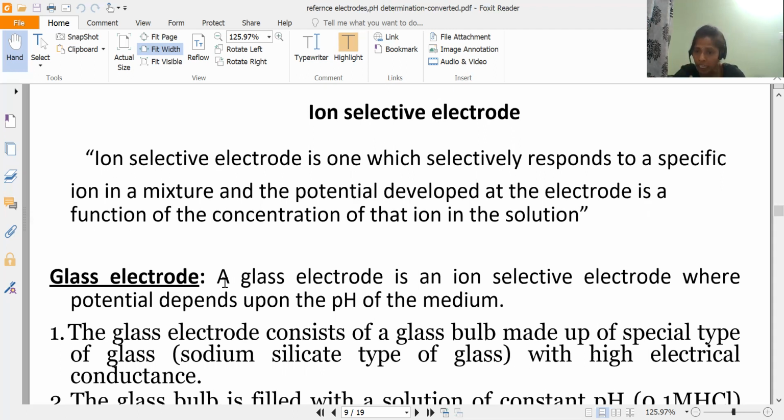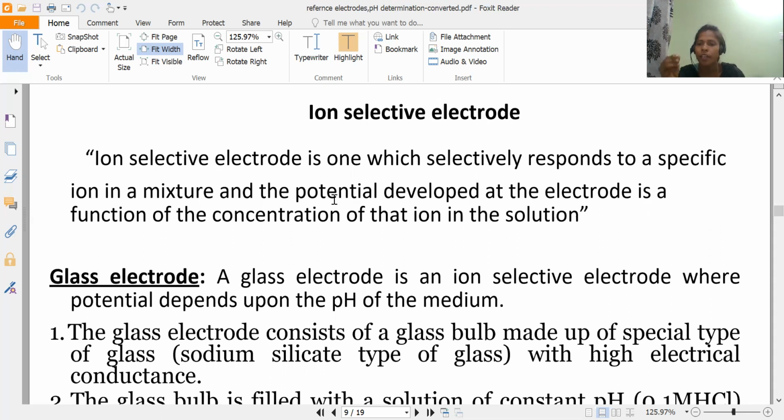Whatever electrode we are using is specifically used for specific ions. That is meant by the ion selective electrode. That means it is sensitive to ions. An ion selective electrode is one which selectively responds to a specific ion in a mixture.